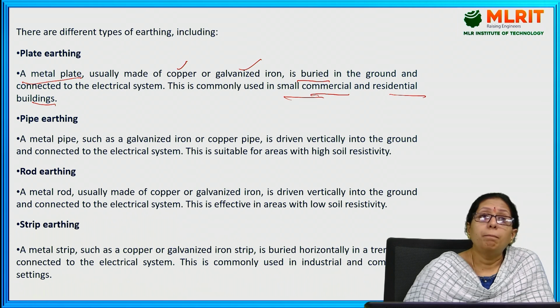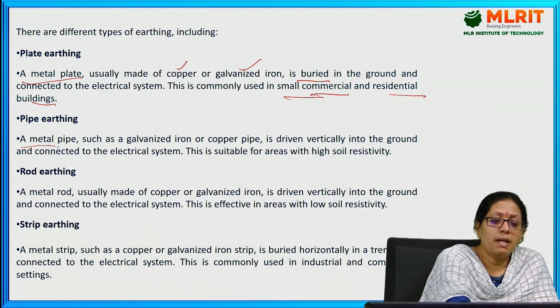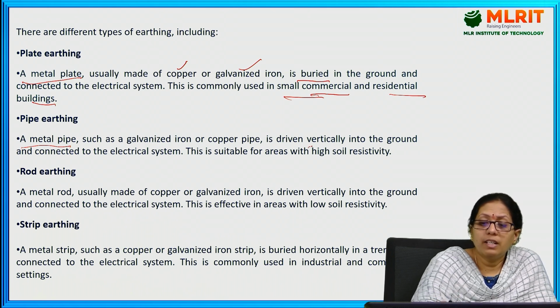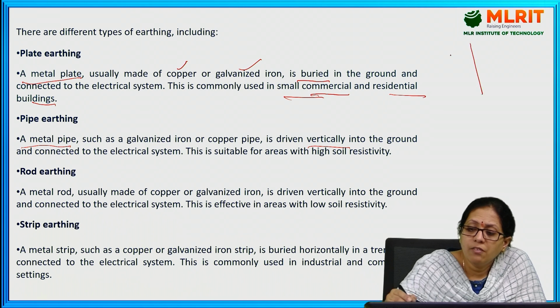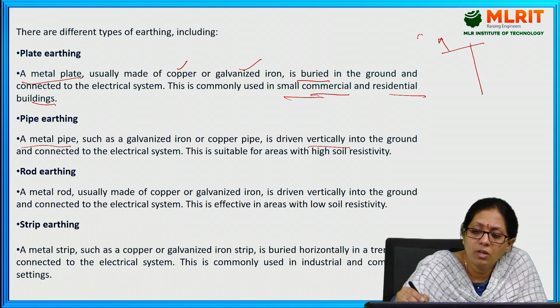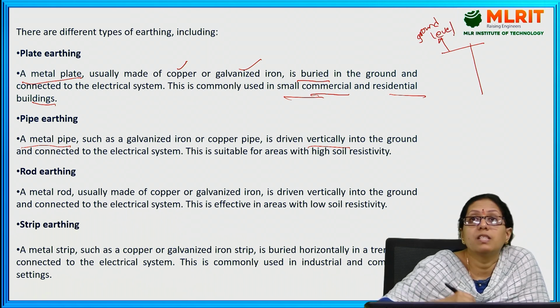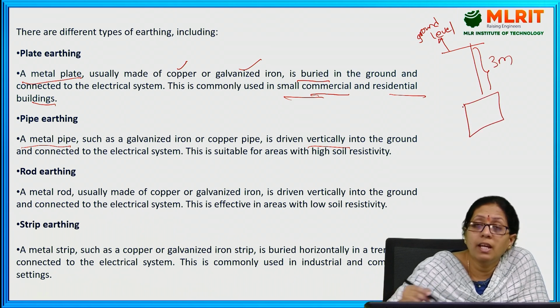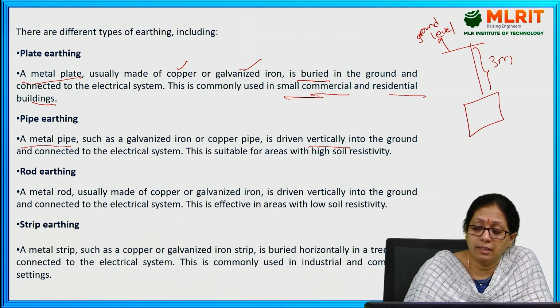Next one is pipe earthing. Here, a metal pipe, again made up of copper or galvanized iron, is driven vertically. If this is the ground level, and this height is around 3 meters, below that we placed a plate for plate earthing.